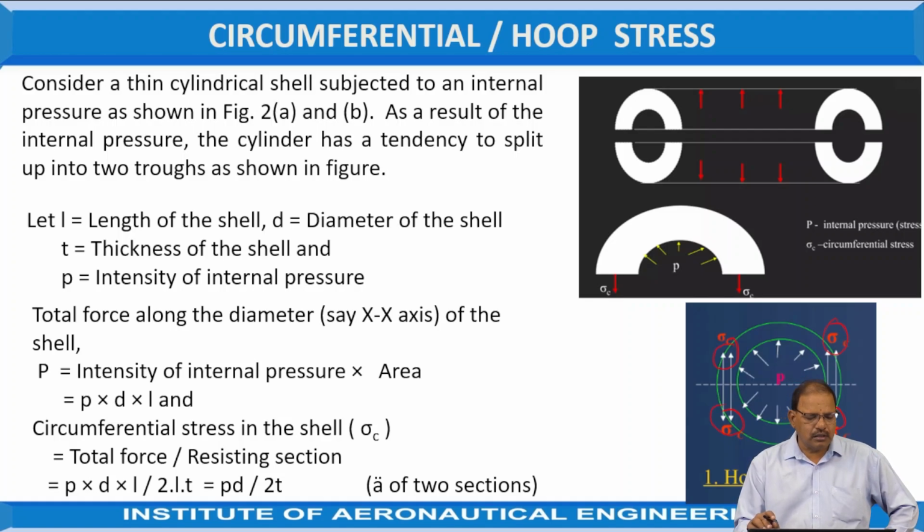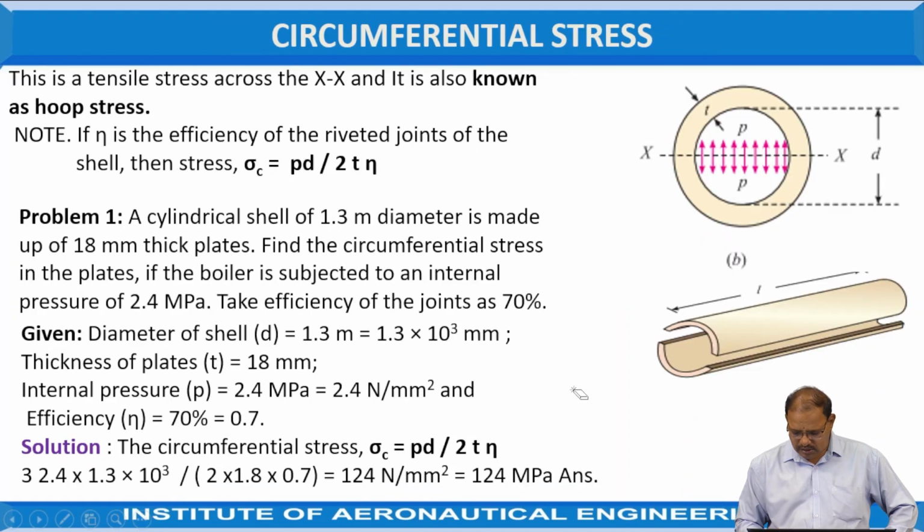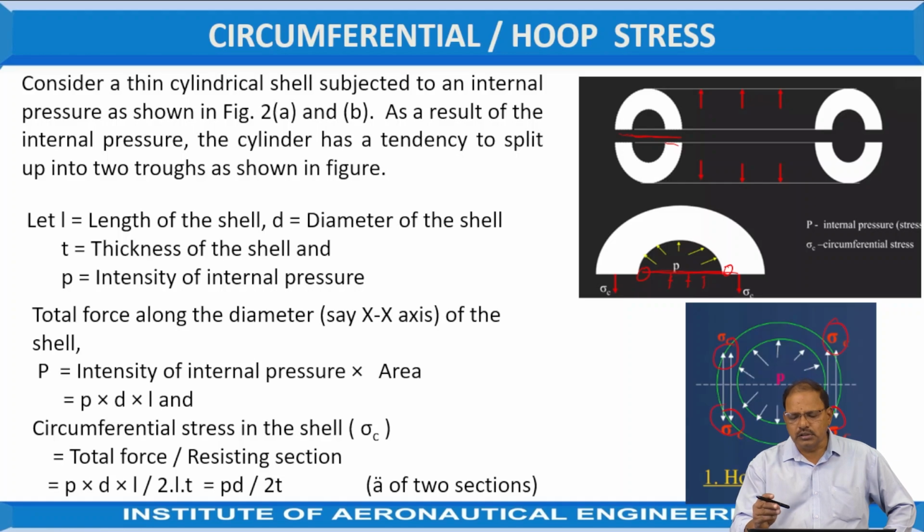So the total force acting on the diameter is taken on the perpendicular area, which is the internal diameter of the shell multiplied by its entire length. And so the resisting area we can take as D into t.